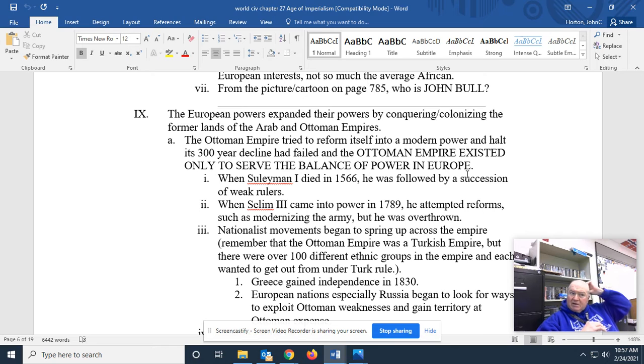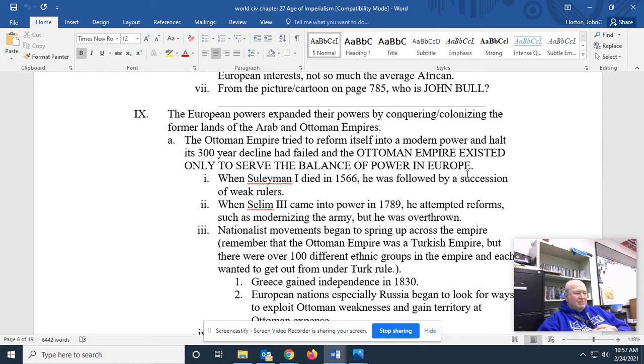They couldn't even keep those from occurring. None of those groups was strong enough to kick out the Ottomans, but at the same time, the Ottomans were not strong enough to squelch those revolts. And so the saying was that the Ottoman Empire existed only to serve the balance of power in Europe.